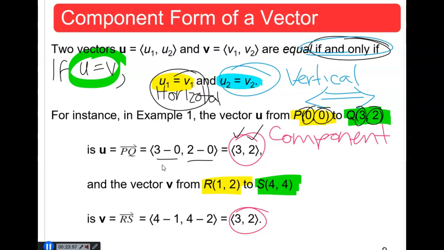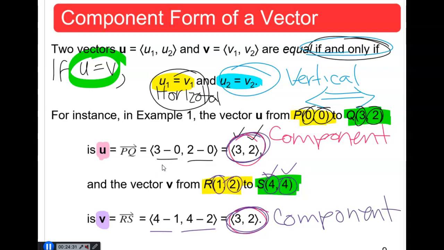If we do the same with the other vector, we have two vectors here. One is u, one is v. And if we do the same thing, we subtract 4 minus 1, and then 4 minus 2. So then we also get the same component form as vector u, which is (3, 2).